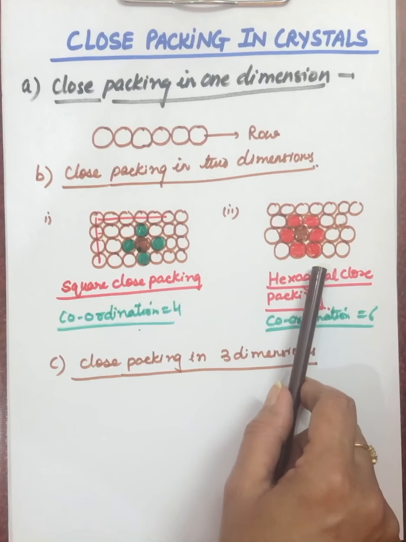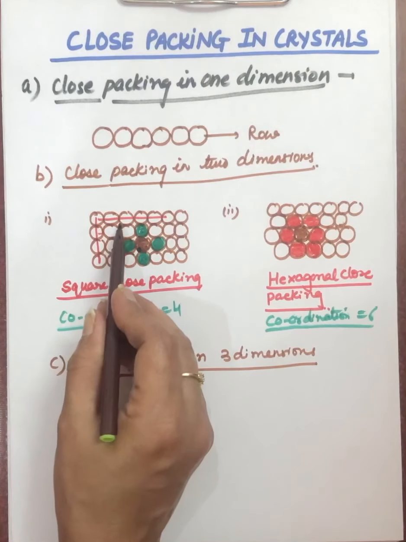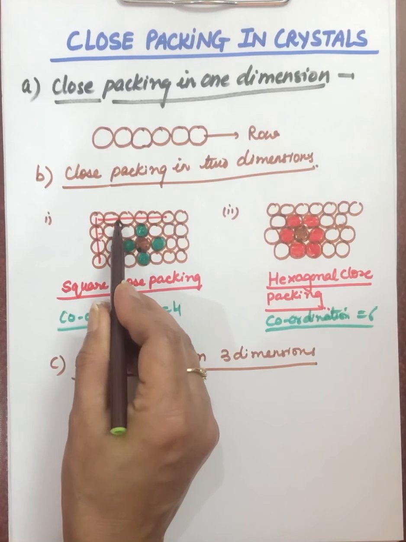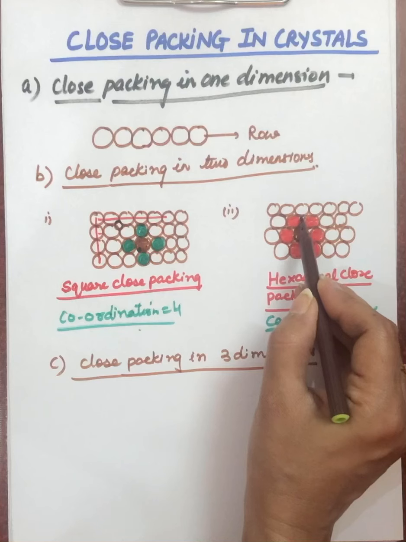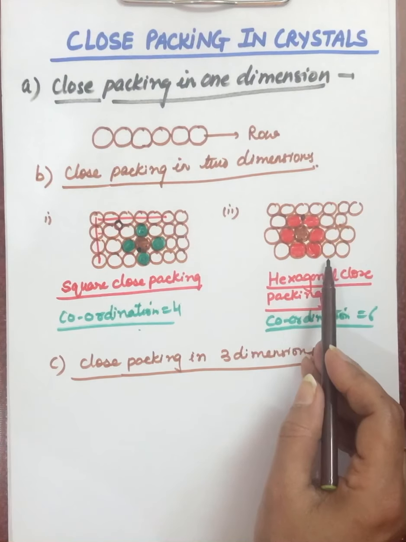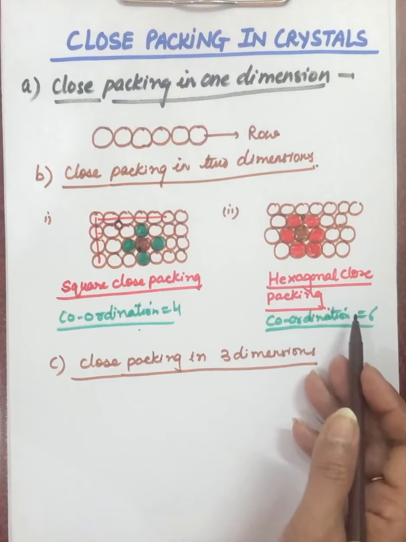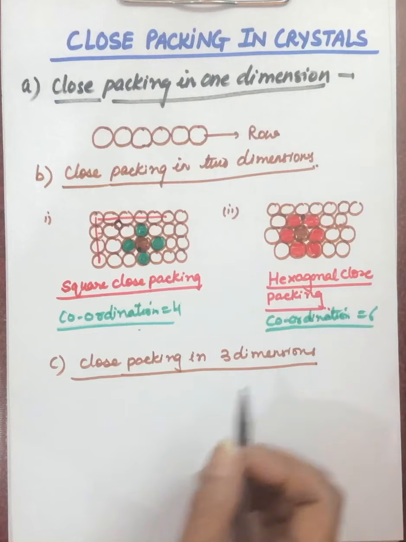This is a more close packed arrangement because here the size of the voids is big and here the size of the voids is small. That means more of the space is utilized here by packing the particles close to each other. So this is a more close packed arrangement. So to have the three-dimensional arrangement, we are taking the hexagonal close packing.